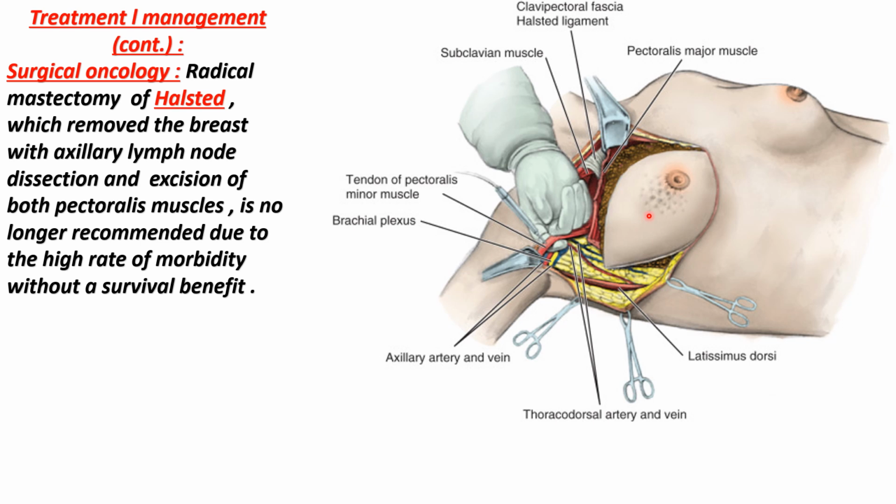Radical mastectomy of Halsted, as we see in this slide, which removed the breast with axillary lymph node dissection and excision of both pectoral muscles, meaning major and minor pectoral muscles, is no longer recommended due to the high rate of morbidity without a survival benefit.